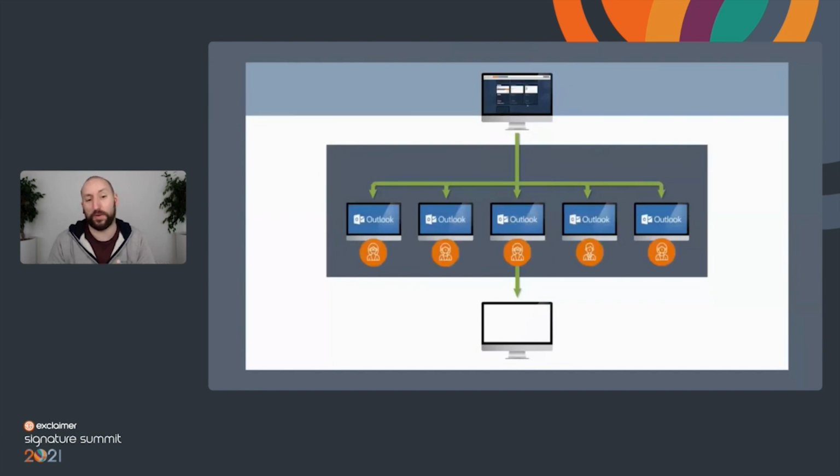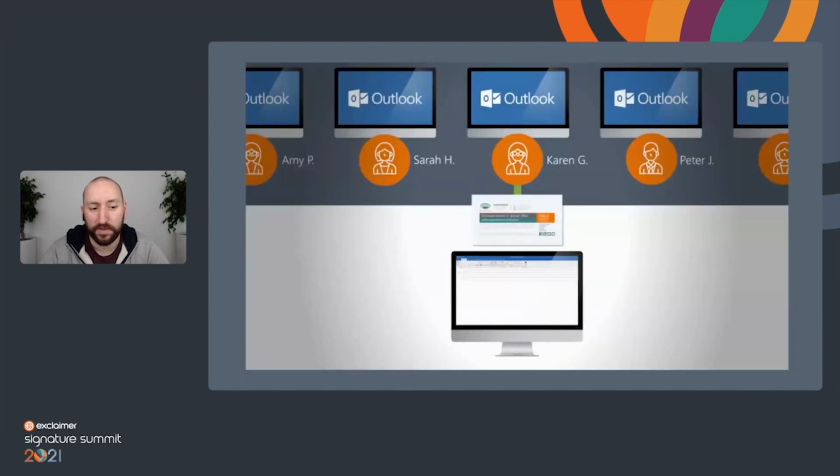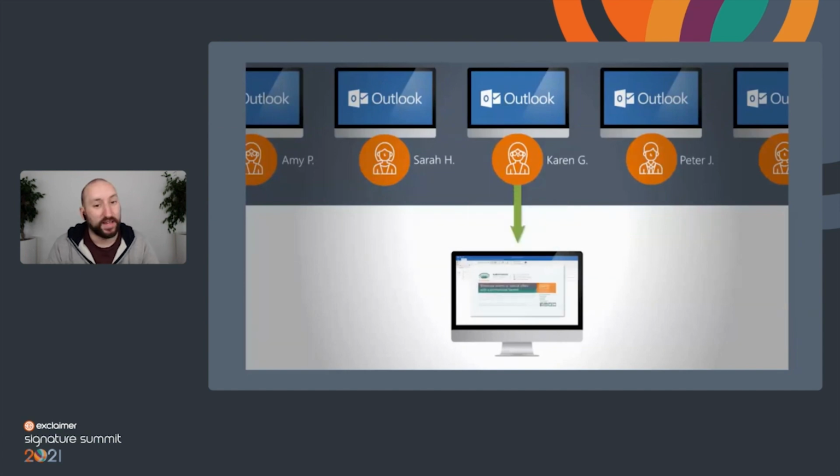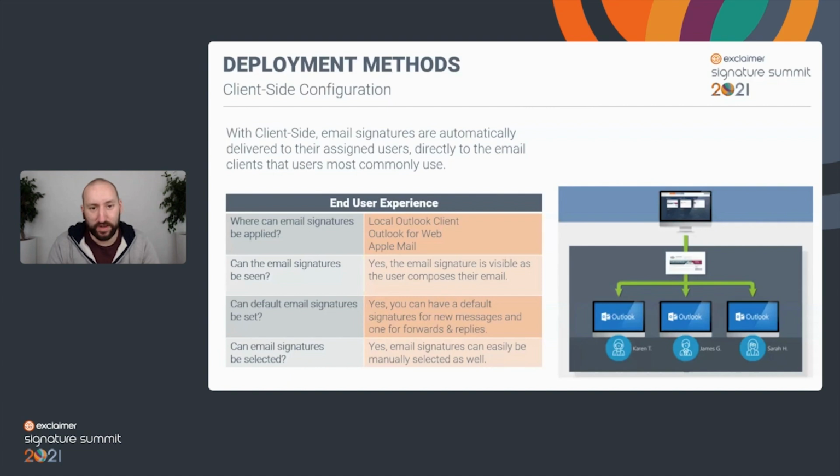Those users are actually receiving those email signatures within the email client they use to compose messages. And in that way, they're going to receive a very traditional end user experience. Truly, client-side is an attempt to give an experience to the end user that they are already familiar with.